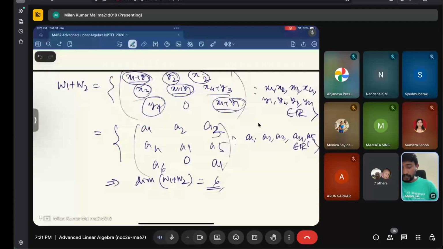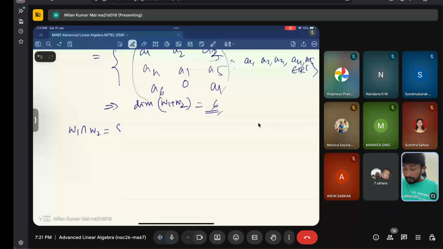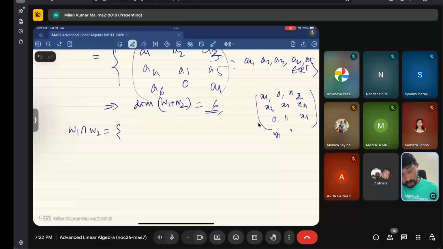So let me write what W1 intersection W2 is. Let me write the terms quickly here: x1, x3, x2, x3, x1, x4, 0, 0, x1. This is one term. Another term was y1, y2, 0, 0, y1, y3, y4, 0, y1. Now clearly these are W1, W2.